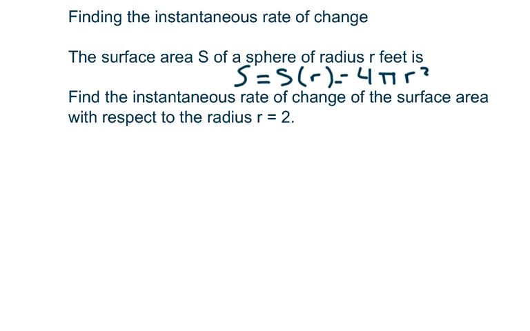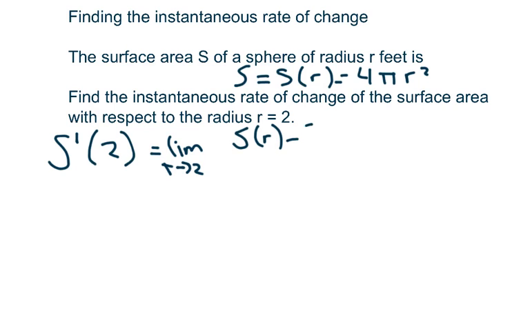So we're just going to take the derivative of the surface area with respect to the radius at 2, which equals the limit as r approaches 2 of S of r minus S of 2 over r minus 2.